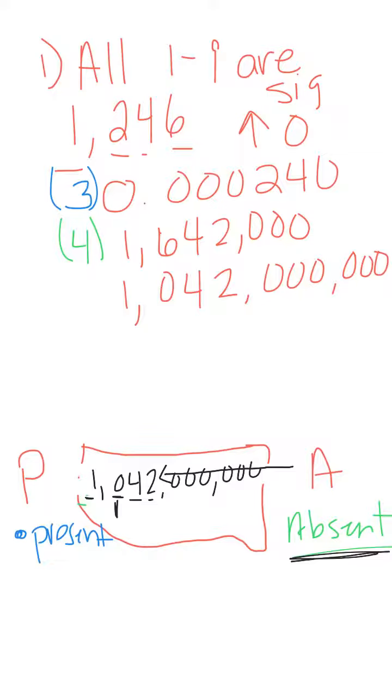And even though that number is a 0, it's also considered significant because that's how we know it's not 1, 2, 4, 2. So in this case, we're going to count that 0 as significant, and there are 4 significant values in that number.